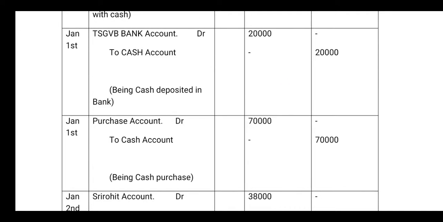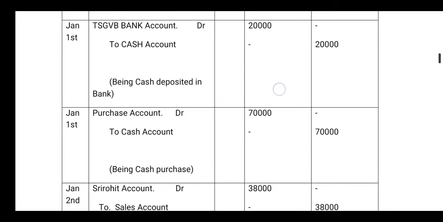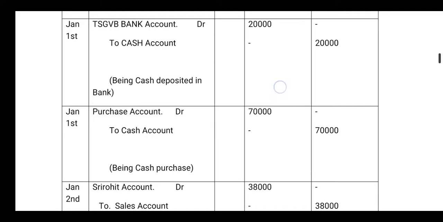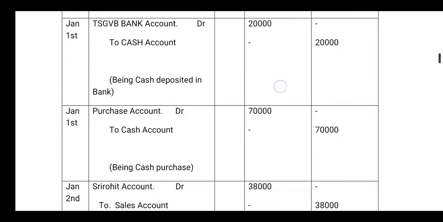Then going to another transaction, on the same date, Jan 1st, Sana opened a bank account and deposited 20,000. Here, according to real account, what comes in is debit, what goes out is credit. Here bank is the receiver, that's why bank account is debit. Then cash is going out of the business, that's why cash account is credit.